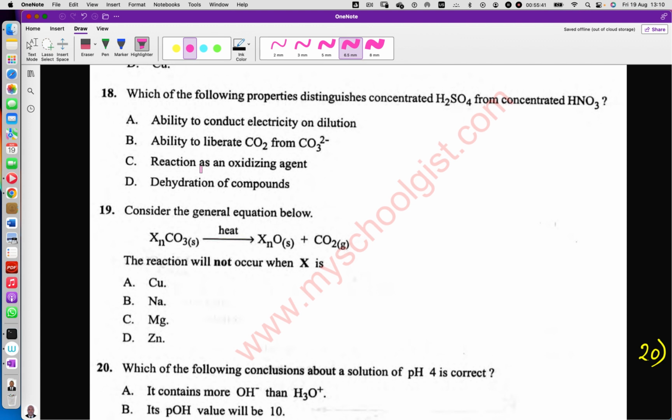For organic reactions, for alcohols, concentrated sulfuric acid can be used with, let me say, ethanol.